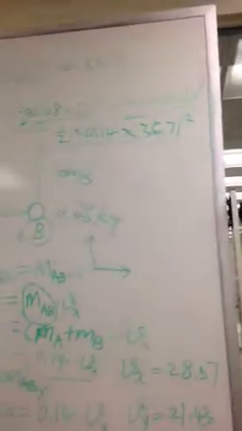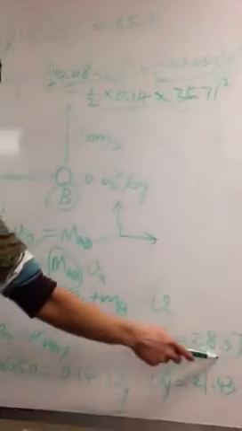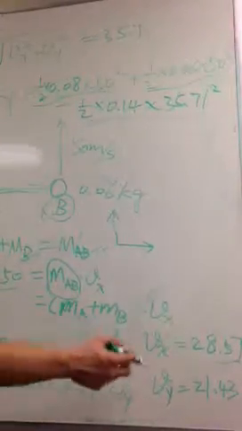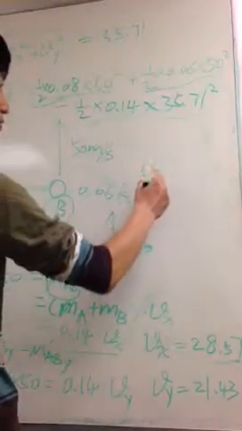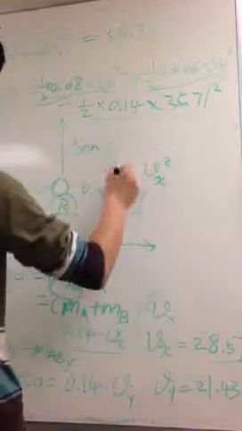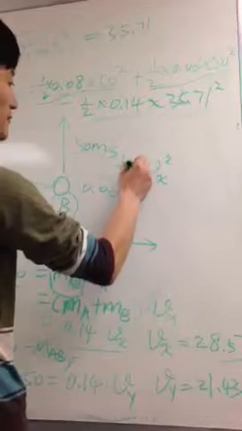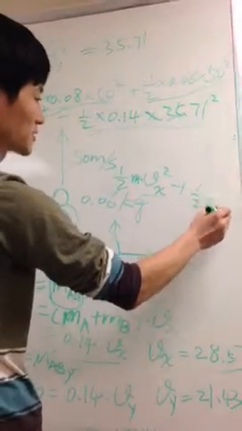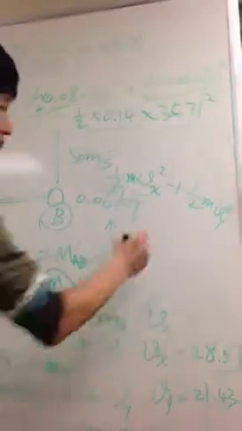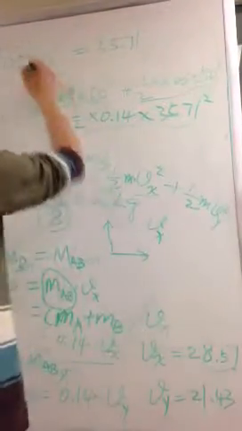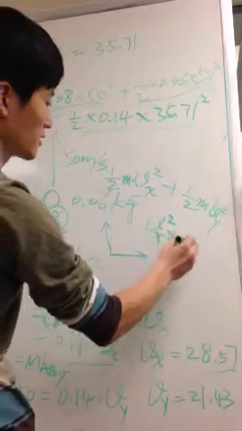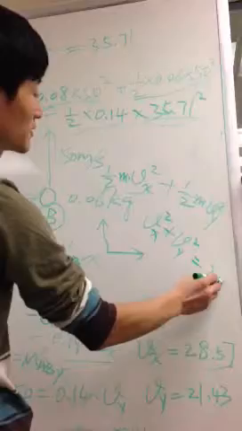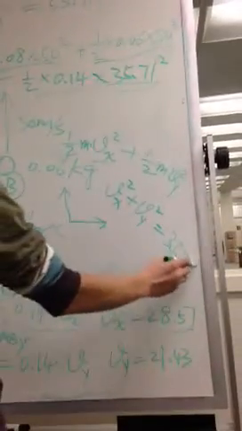Actually it's the same thing if you calculate along x and y, because anyway you need to write it twice, right? 1/2 m times velocity x squared plus 1/2 m velocity y squared, and from this we know x squared plus y squared is equal to this 35.71 squared, right?